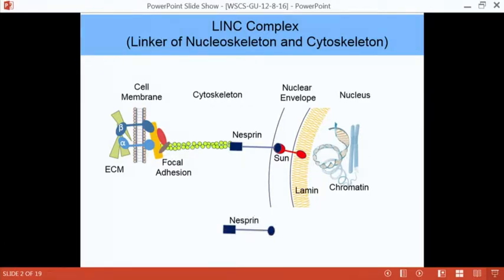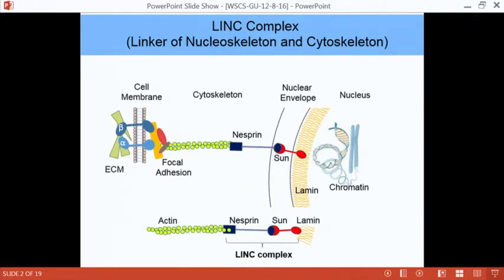This is a giant protein that protrudes out of the nuclear surface. And nesprin is anchored into the nuclear surface through a protein called SUN. In this way, this protein complex couples the nucleus to the extracellular matrix, hence the name the LINC complex. Again, the nesprin binds to the actin cytoskeleton, and then the SUN binds to the intranuclear lamin A/C network, basically coupling the nucleus to the outside world.